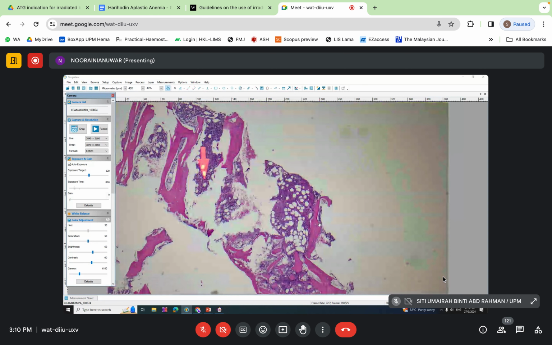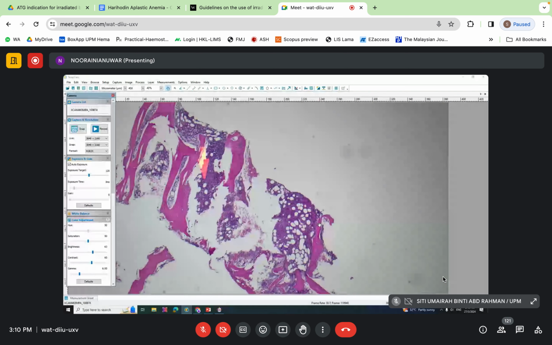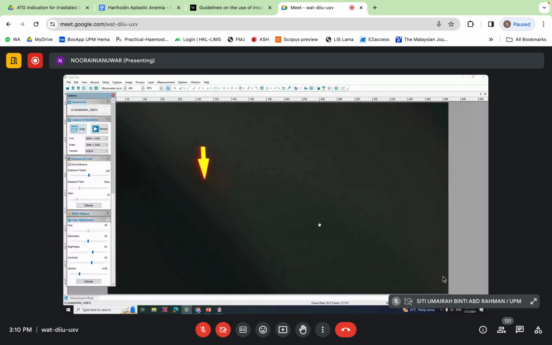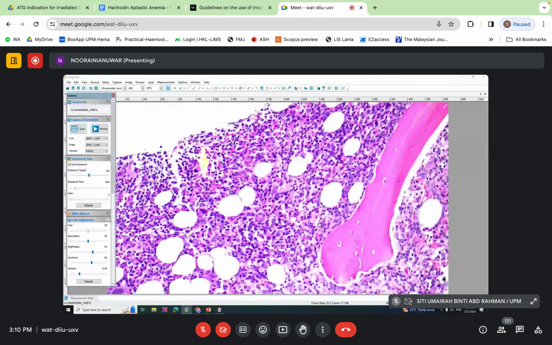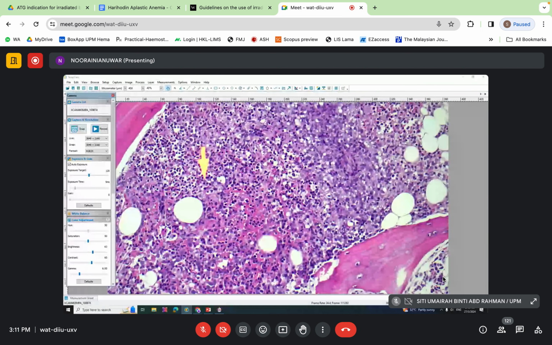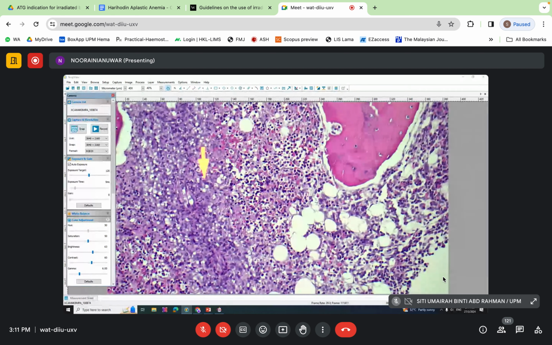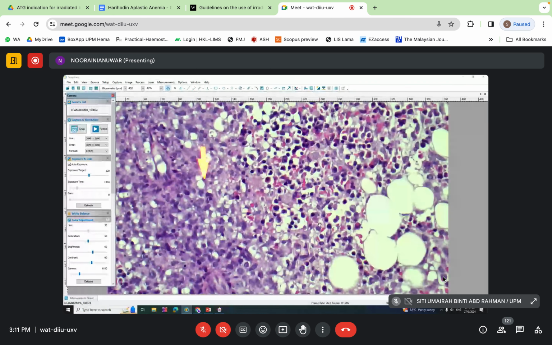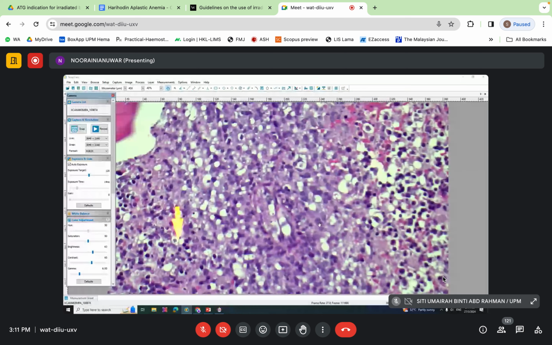We received an adequate length of marrow, marrow spaces, and bony trabeculae. For this patient, 8 years old, the cellularity is hypercellular. Here we can see the histiocytes.